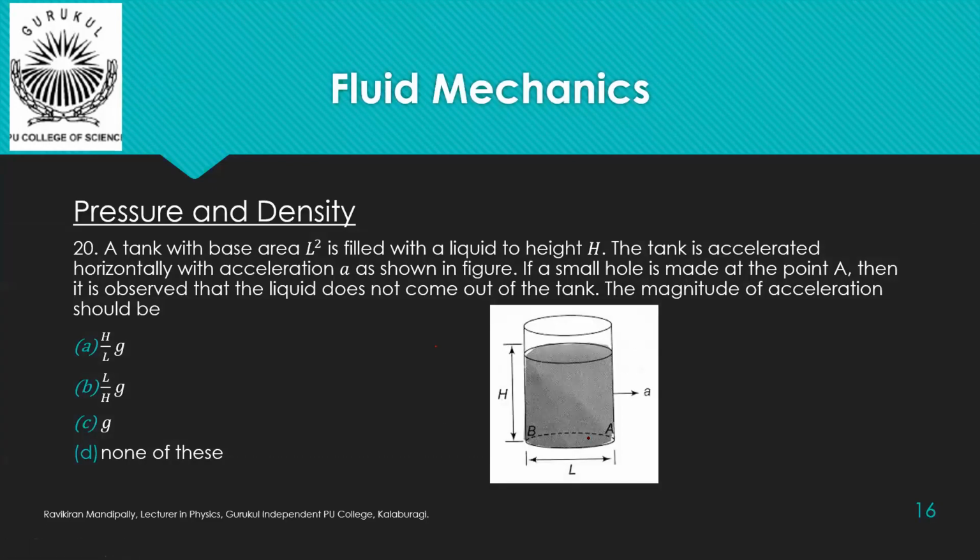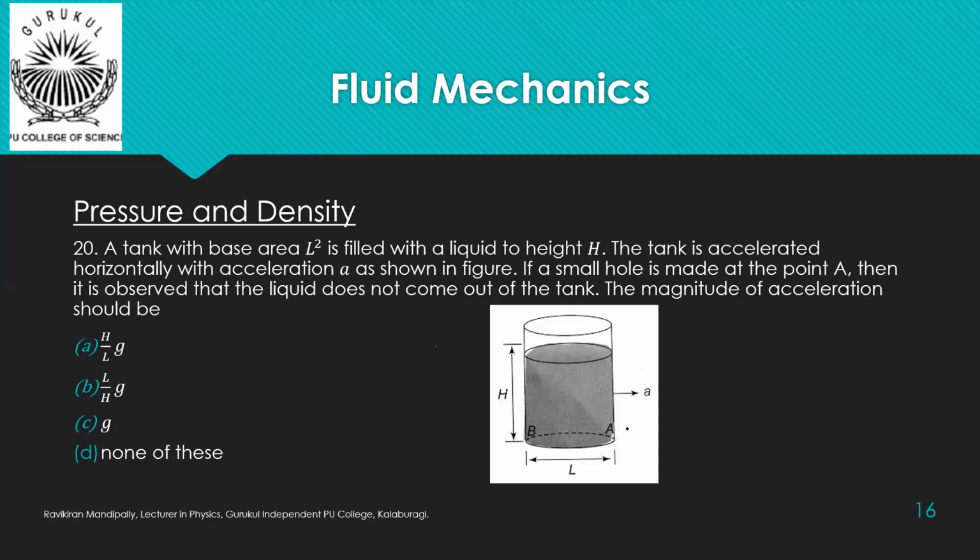According to the question, at point A a hole is made, and when the liquid container is moving, it is observed that liquid is not coming out of point A. So if you make a hole at point A, the liquid will be exposed to atmosphere.